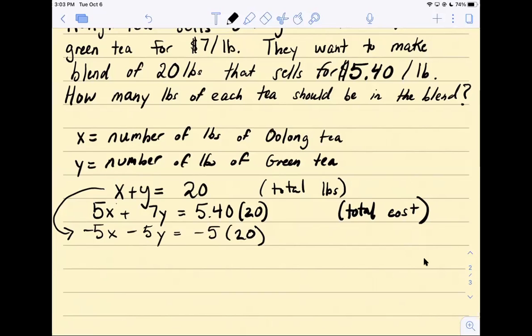The 5x's will cancel, and I'll be just left with 2y is equal to, and one nice thing you can do when you're trying to avoid doing a lot of math and you see the same number show up is you can do the distributive property, right? You can treat the 20 almost as if it's a variable. So what's $5.40 minus $5? You're just left with 0.4 times 20.